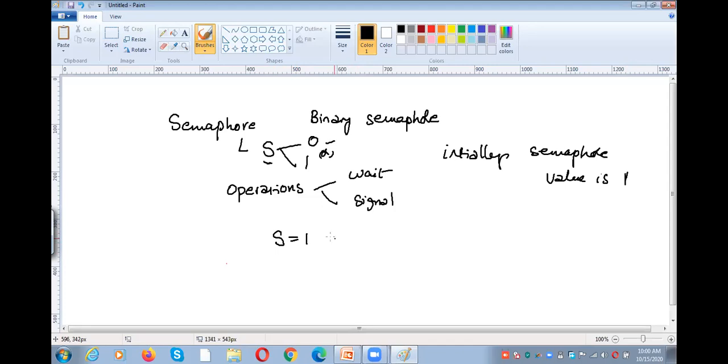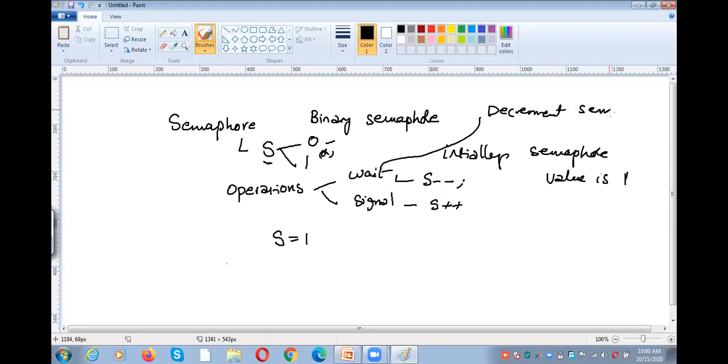Whenever a process wishes to enter into the critical section, it needs to perform the wait operation. What is the wait operation? Wait means S minus minus. What is the signal operation? S plus plus. Wait means decrementing the semaphore value by 1.